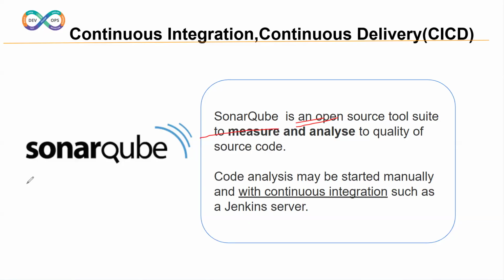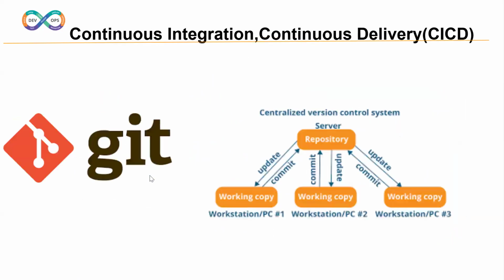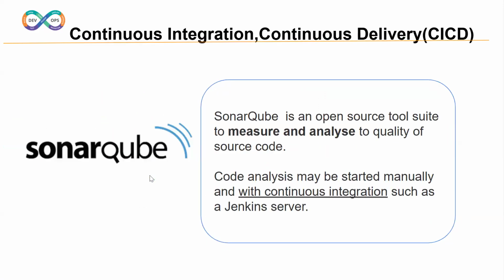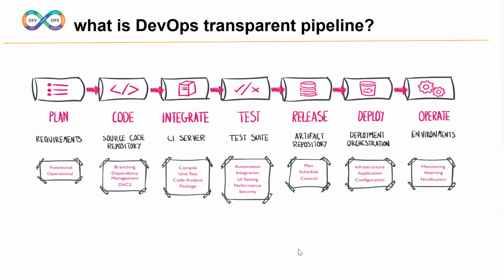With the help of these tools, Git, Maven, Jenkins, JFrog, SonarQube, we implement our CI/CD process, continuous integration and continuous delivery. Once that is done, we deploy our applications on hundreds of servers.